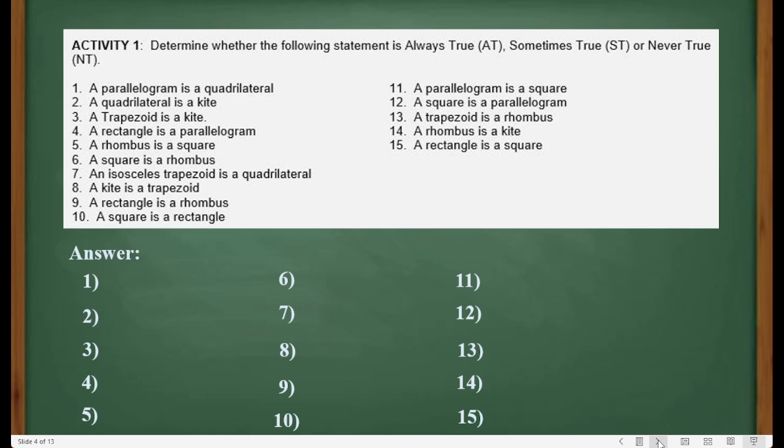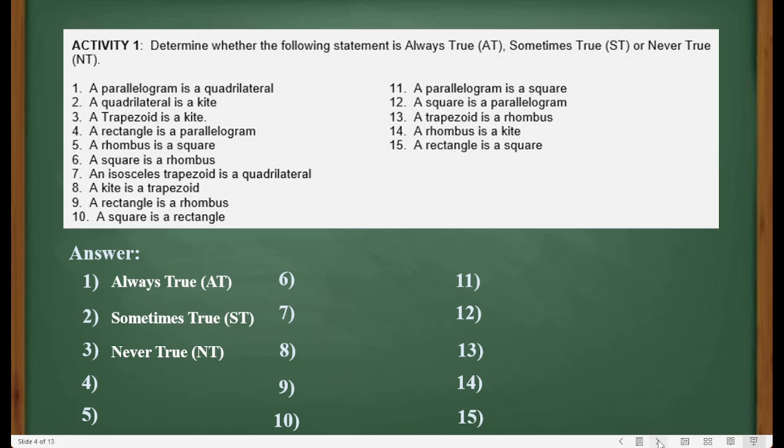The answer is always true, or AT. Number 2, a quadrilateral is a kite. So the answer is sometimes true, or ST. Number 3, a trapezoid is a kite. So the answer is never true.